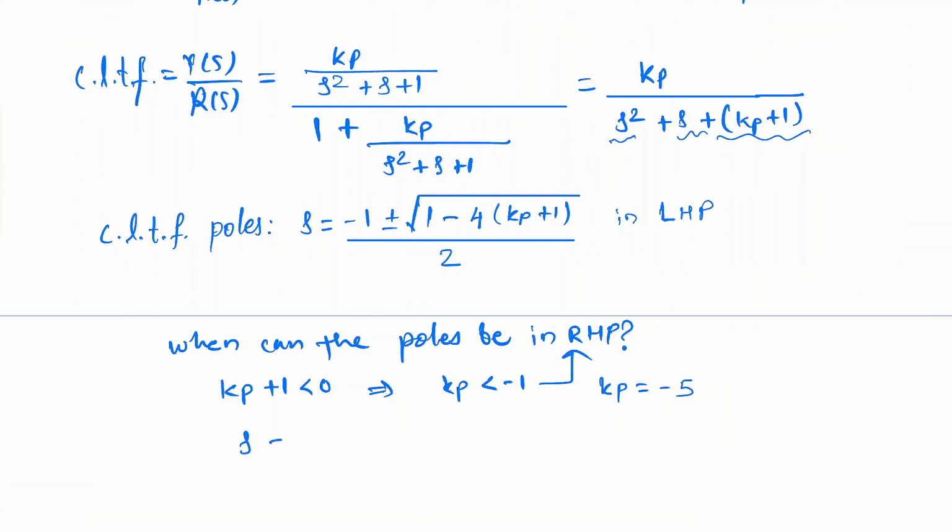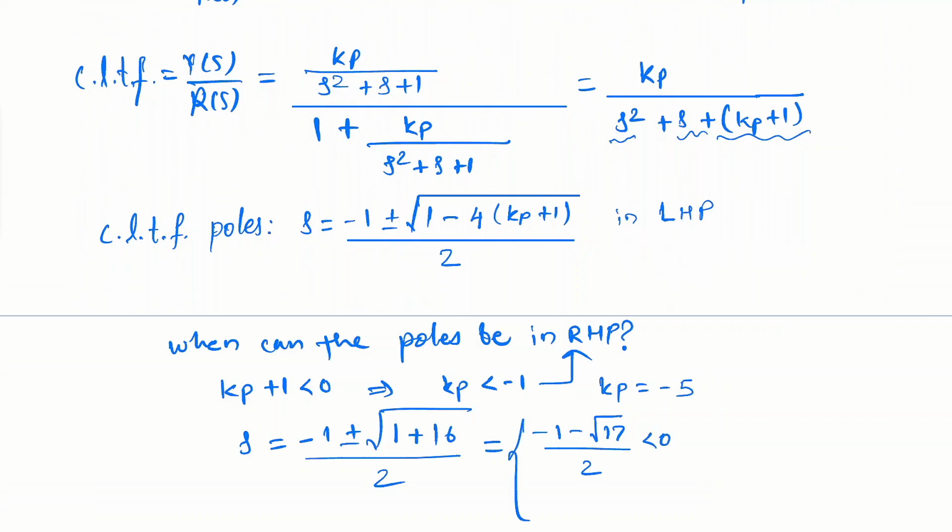So s would be minus 1 plus minus under root 1. So we have minus 5. Minus 5 plus 1 would be minus 4. We have 4 here, so plus 16, by 2. So we will have a term minus 1 minus under root 17 over 2, which is negative.